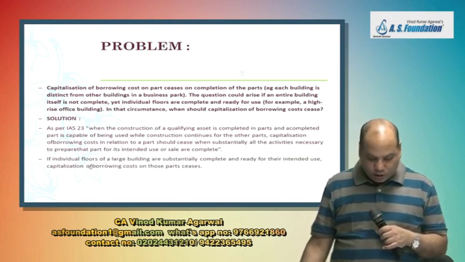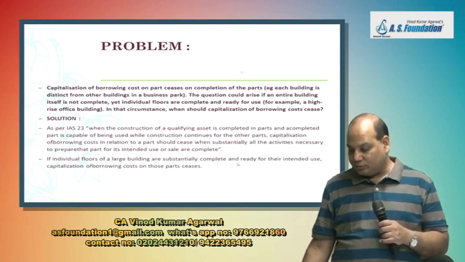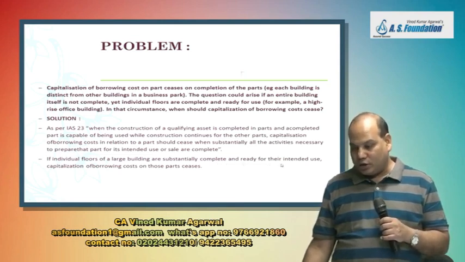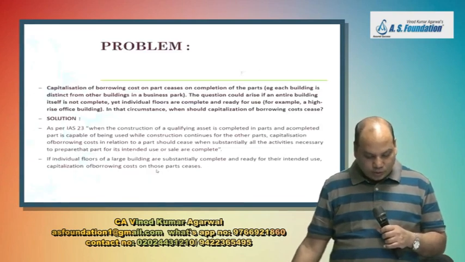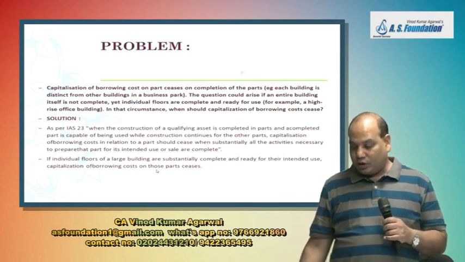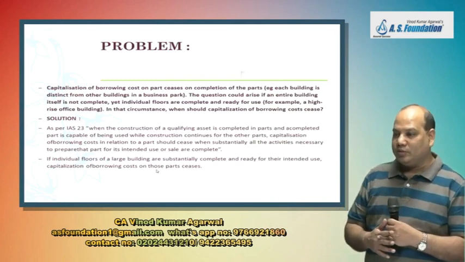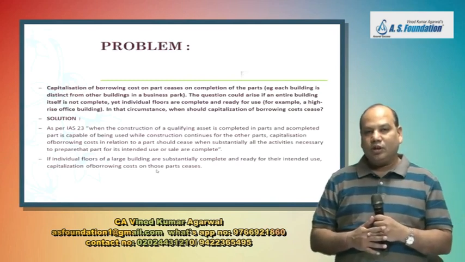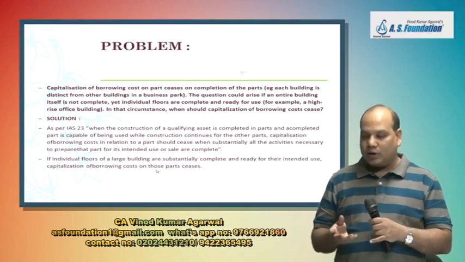And the concluding line: if individual floors of a large building are substantially complete and ready for their intended use, capitalization of borrowing cost on those parts would cease. Now here one more thing you have to keep in mind: if the other parts cannot be used independently, then you will continue to capitalize the borrowing cost for all the parts.